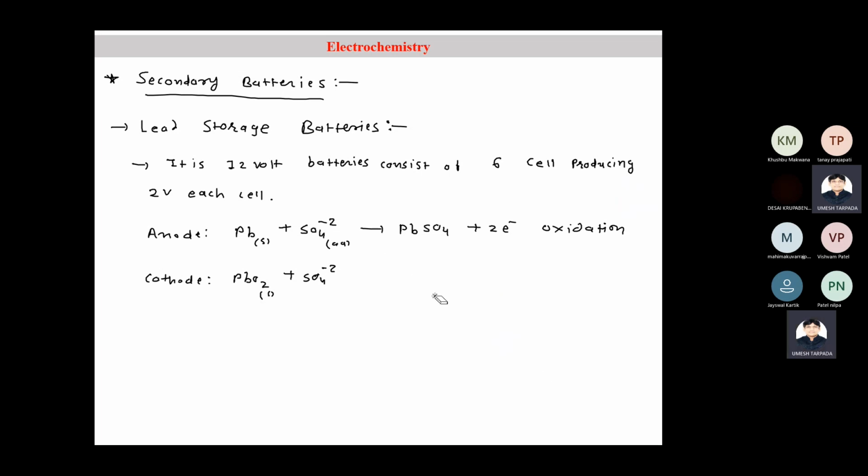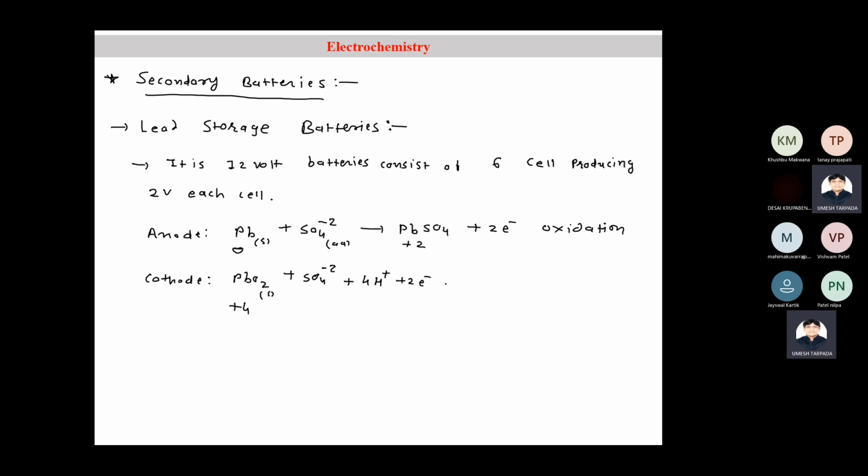Oxygen has a minus 2 oxidation state. So in PbO2, the oxidation state of Pb is plus 4. Here it's 0, here it's plus 2. In order to balance the charge, 4H plus and 2 electrons.